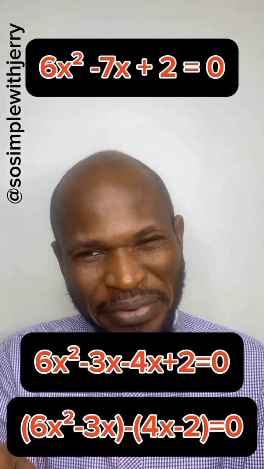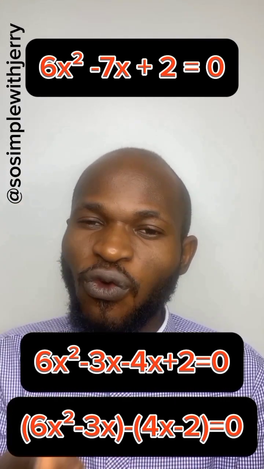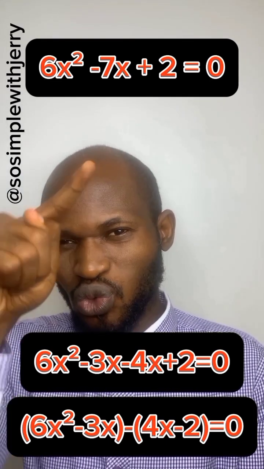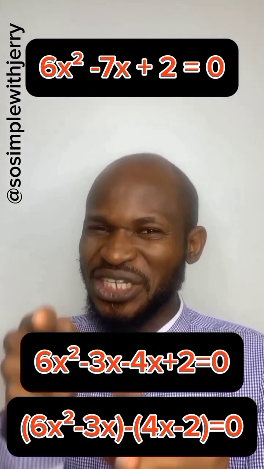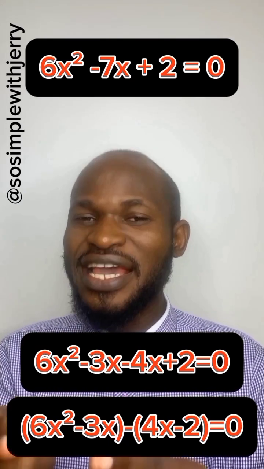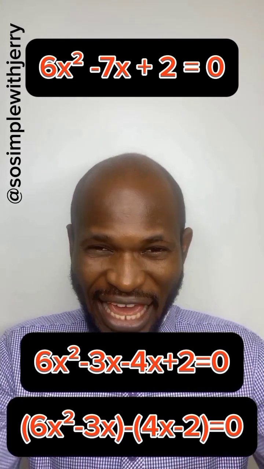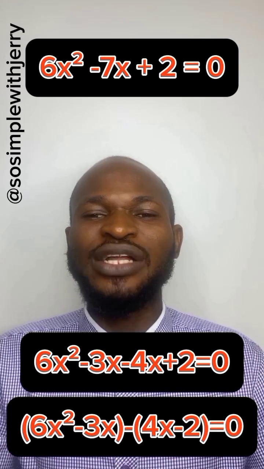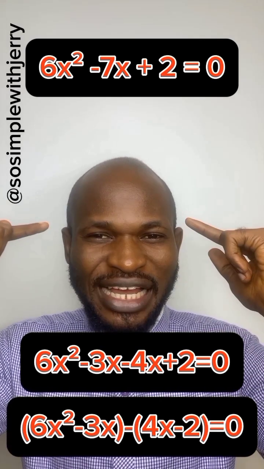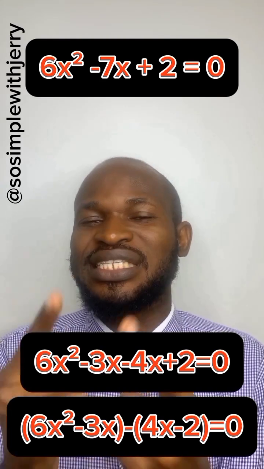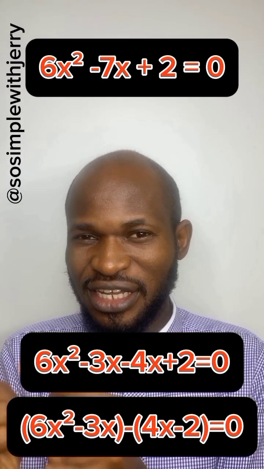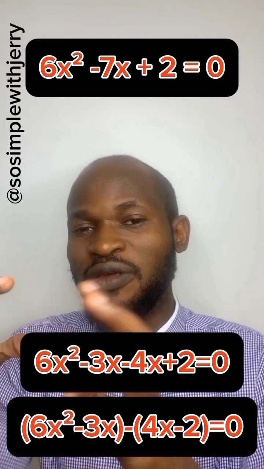Then you now have in brackets 4x minus 2, close bracket, is equal to 0. Take note of the change of signs. Remember that whatever we are solving, if we are to reverse it, we are going to get our previous equation. So take note that there's been a change. That plus 2 is now minus because of the brackets.